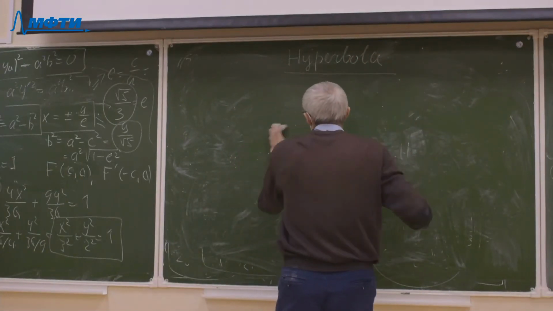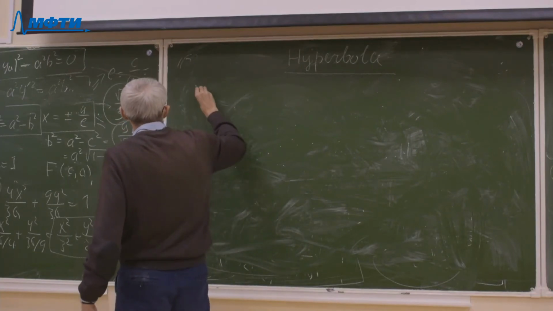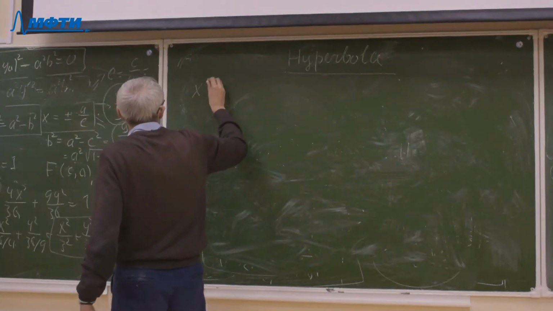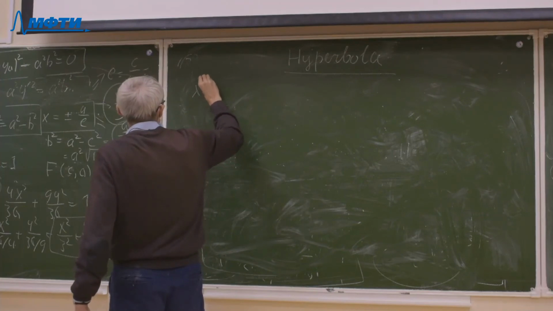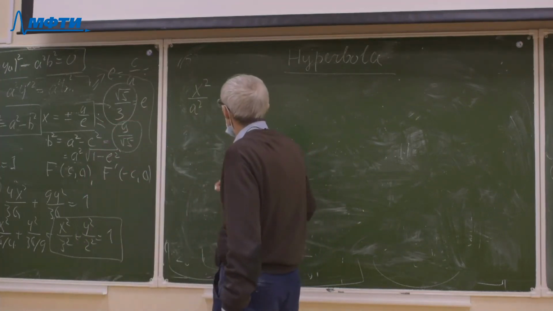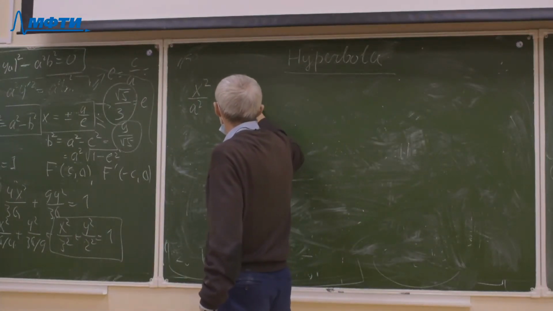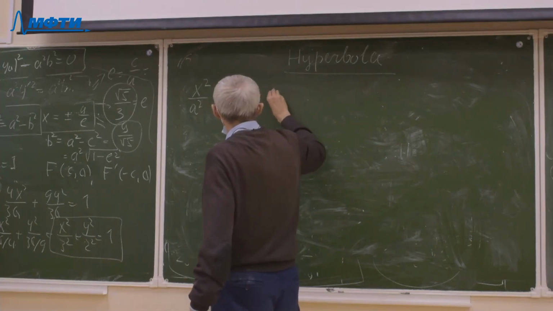The canonical equation of the hyperbola has the following form: x squared over a squared minus y squared over b squared is equal to 1.